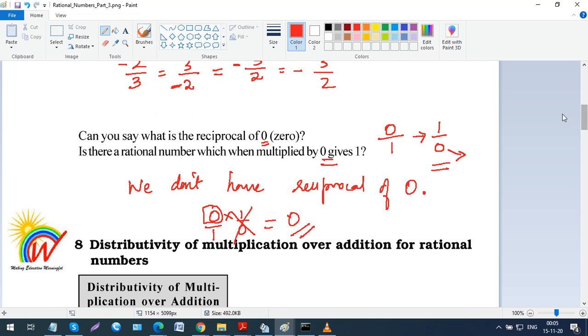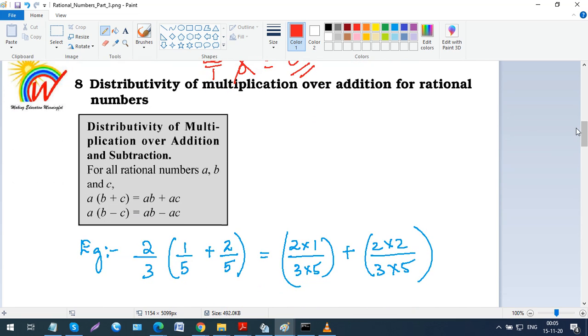Now come to the next property, distributivity of multiplication over addition of rational numbers. Let it be addition or subtraction, this is just distribution. We have already learned this, but as a property we are going to learn it now. If you have a into b plus c inside the bracket, you can distribute it as ab plus ac.